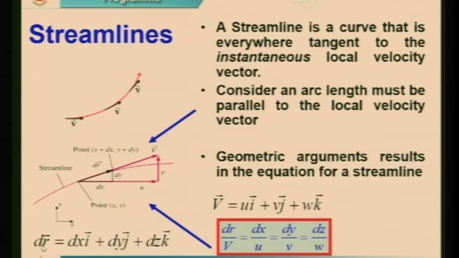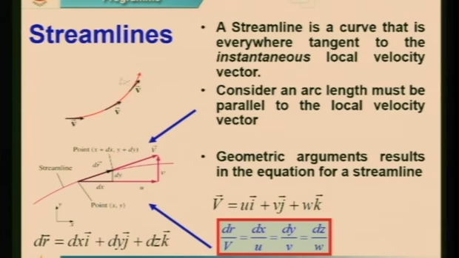Geometric arguments result in the equation, which is, you can see the velocity vector V with a position vector dr is equal to dxi plus dyj plus dzk. So, streamline is a curve that is everywhere tangent to the instantaneous local velocity vector.